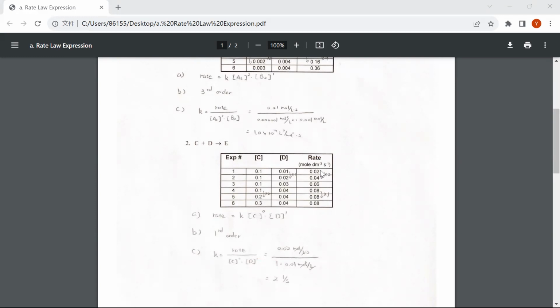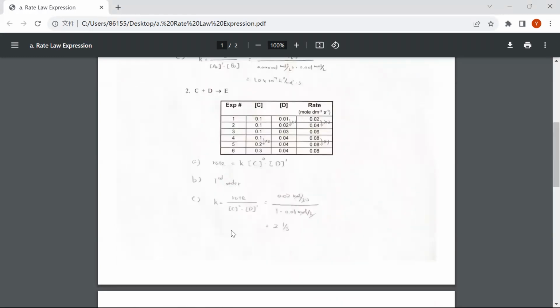So in this case, the exponent should be 1, since 2 to the power of 1 equals 2. And when we add these two exponents together, which is 0 plus 1, it gives us the order of 1. So this is the reaction order.